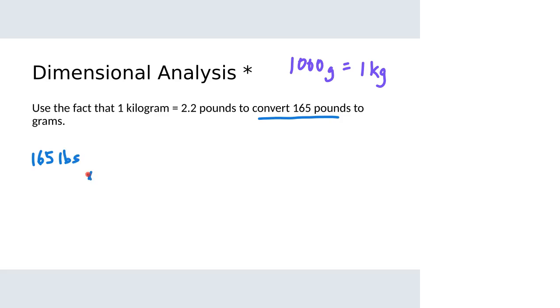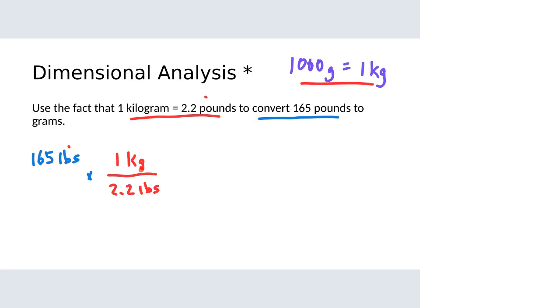And I'm going to multiply this by a unit fraction. I've been given two unit fractions up here. I've been given this one that says there's 1,000 grams in a kilogram, and this one that says kilograms and pounds. Pounds is the thing that I have, so I need to use the unit fraction that has pounds in it. This is kilograms and pounds. I have 165 pounds. I'm going to want to put my 2.2 pounds on the bottom because I need pounds to cancel. So the 1 kilogram goes on top.